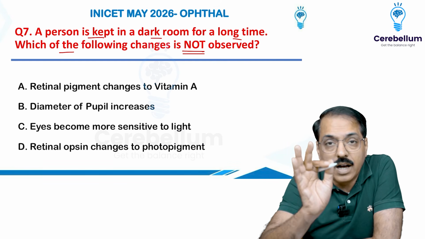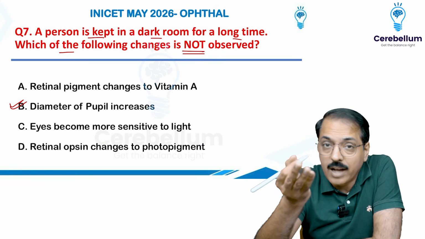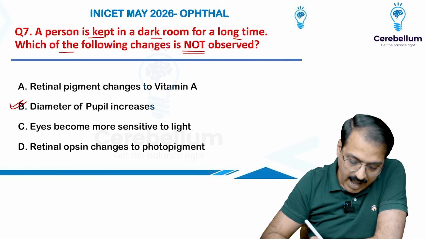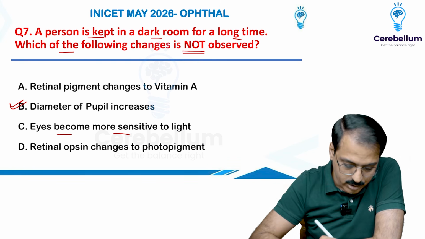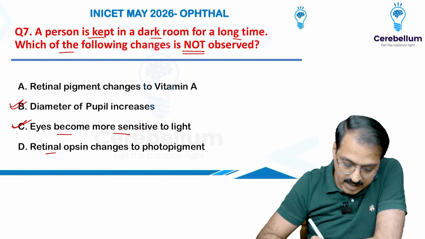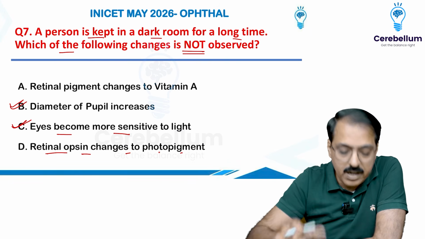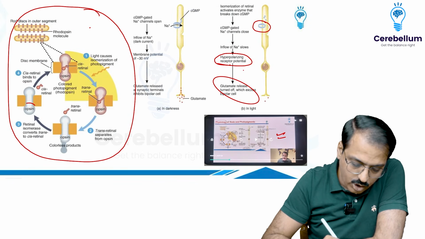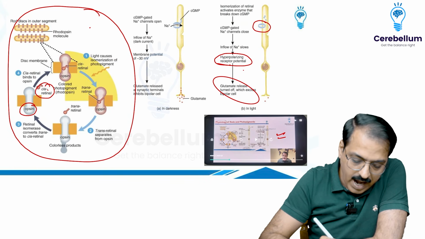When somebody is in the dark, we know that the pupil dilates. This is the reason for angle closure glaucoma. Eyes become more sensitive to light. Yes, you are able to see better. That is also correct. Retinal opsin changes to photopigment. Yes, the opsin binds to the protein retinal, and it becomes the photopigment.